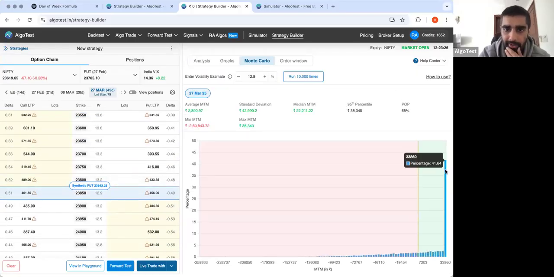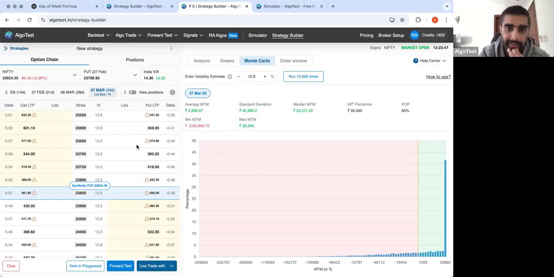So here, one interesting difference between a straddle and a strangle is, in the case of a strangle, you have a more negative skew. So what does that mean? It means that there is a small chance of a much larger loss.